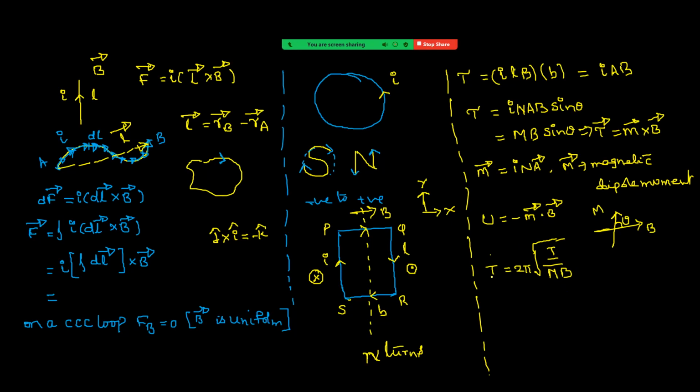So the remaining is as it is. So directly by comparing with electric dipoles, we can get all these conclusions. So this is the torque, potential energy, and time period of small oscillations, right?